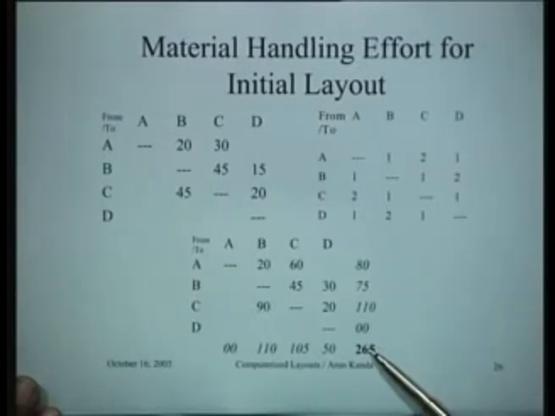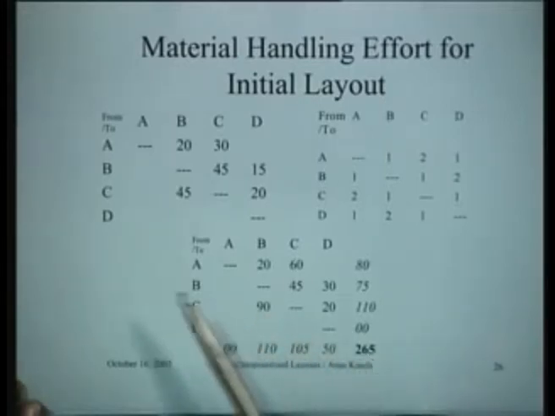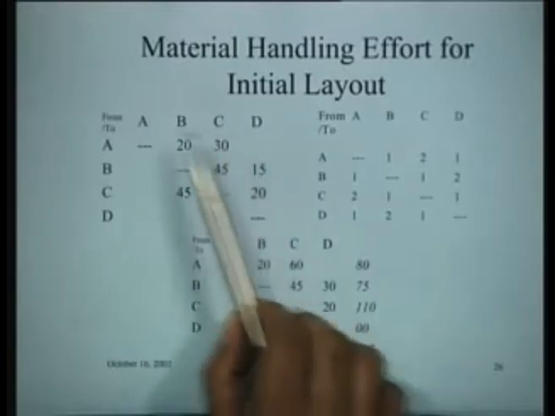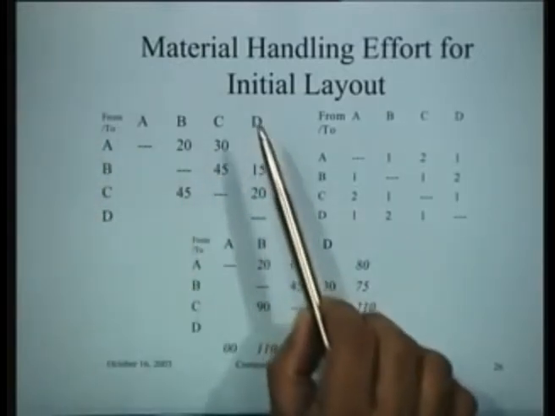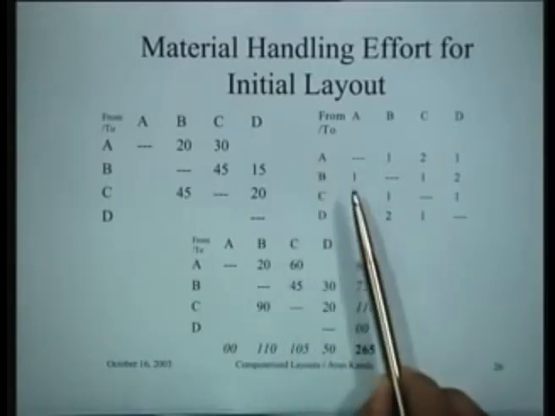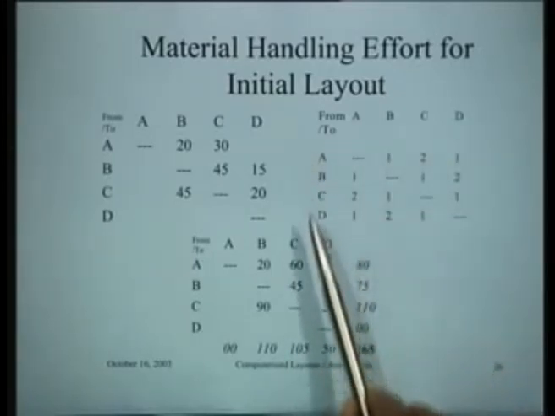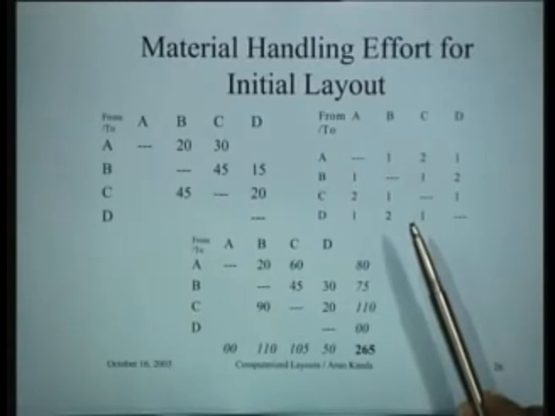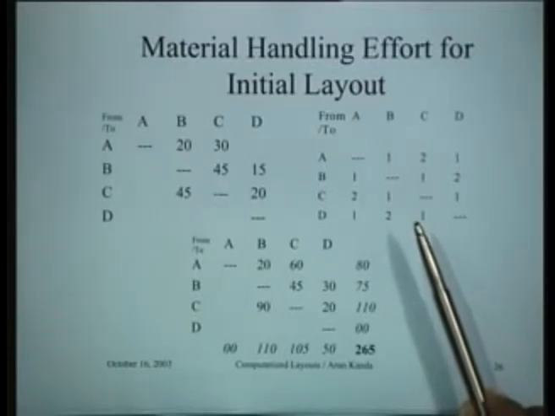This is the crucial value that I am interested in this particular case. So this value is arrived at, let us recapitulate. It's arrived at by taking the flow matrix, multiplying it with the distance matrix for the layout. The distance matrix is the one which is dependent upon the layout, isn't it?